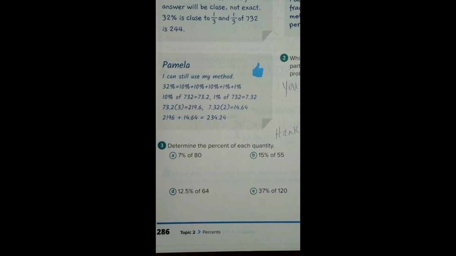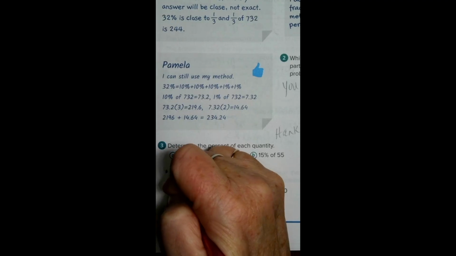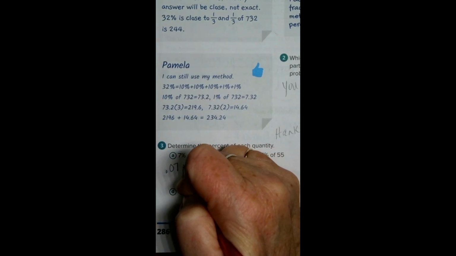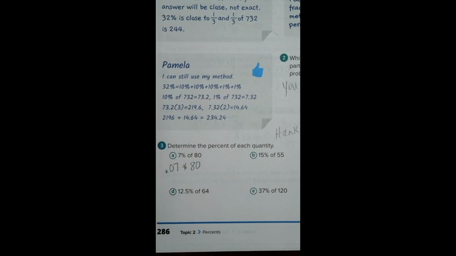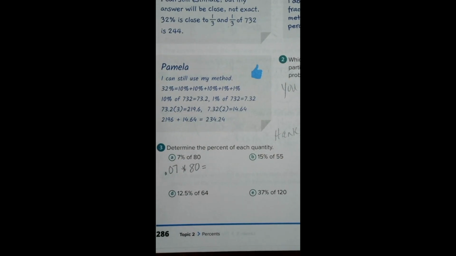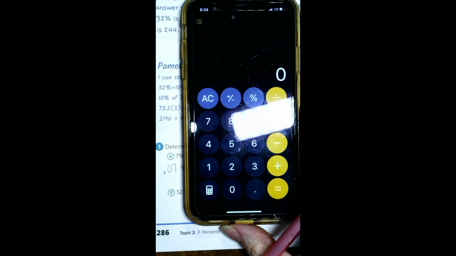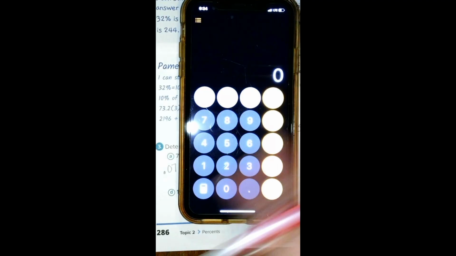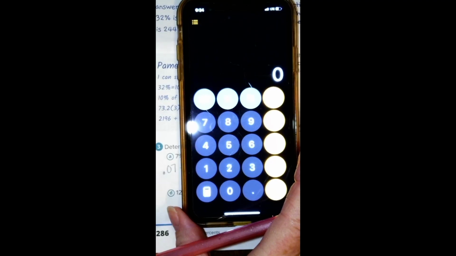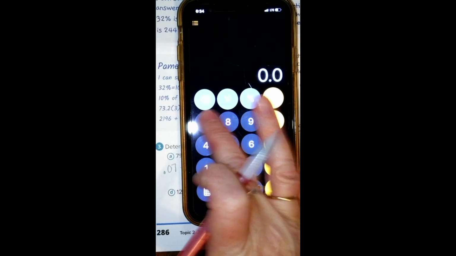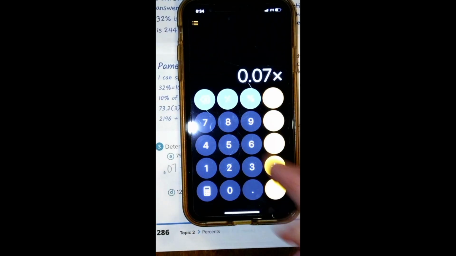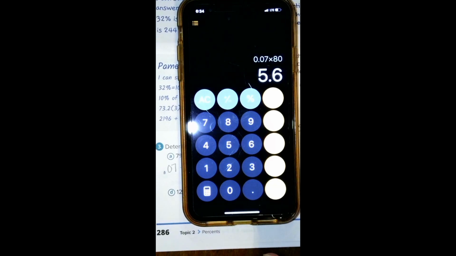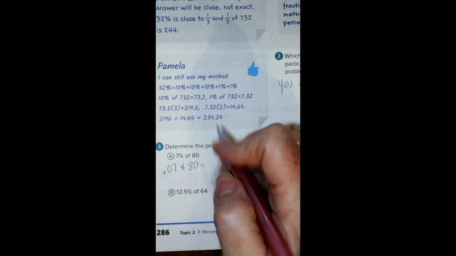How do I write 7% as a decimal? 0.07 of 80. I wonder if I can, nope, see, and then you can't see. Oh, there we go. Okay, 7% is 0.07 times 80 is 5 6/10.